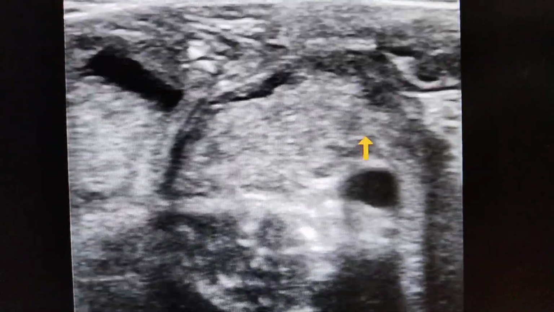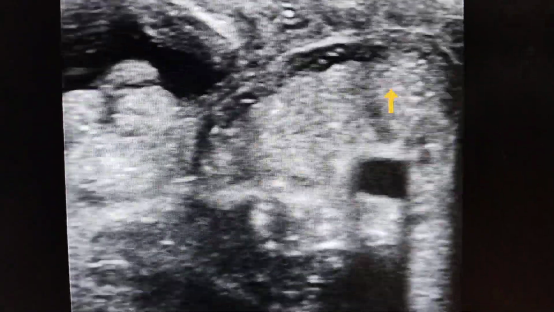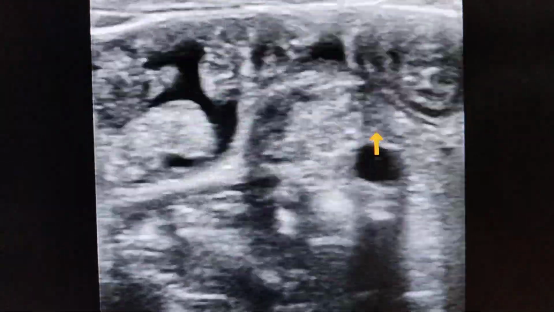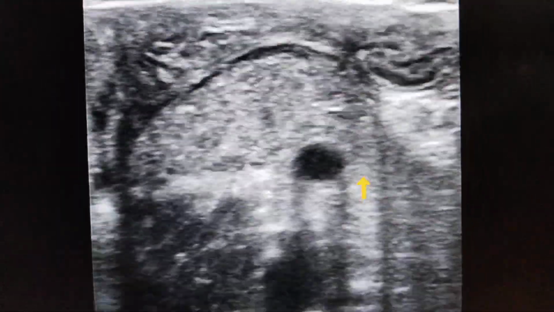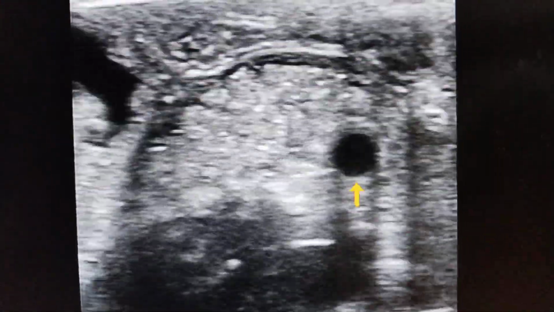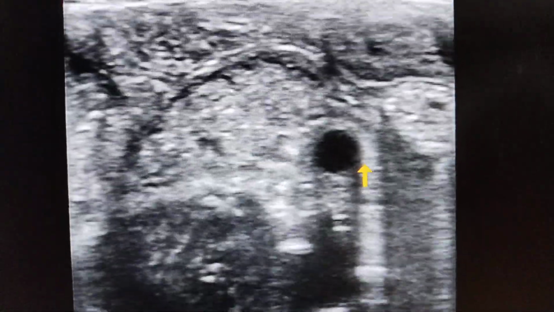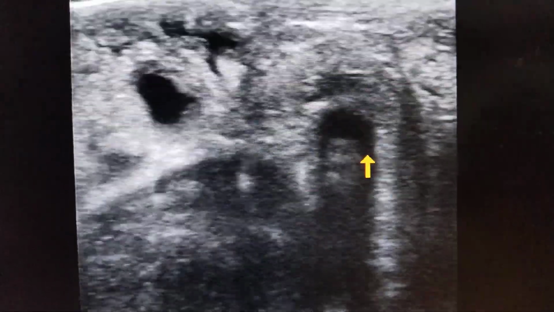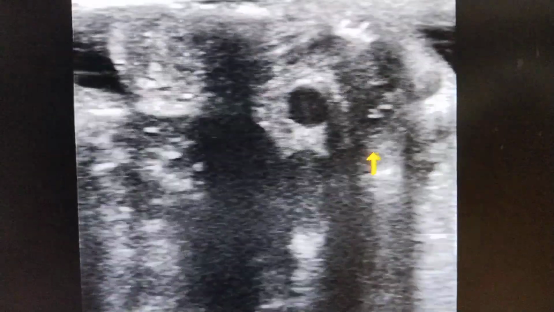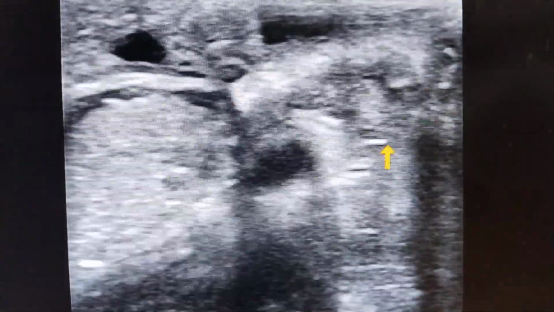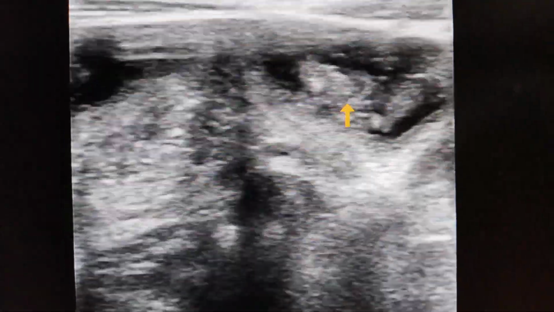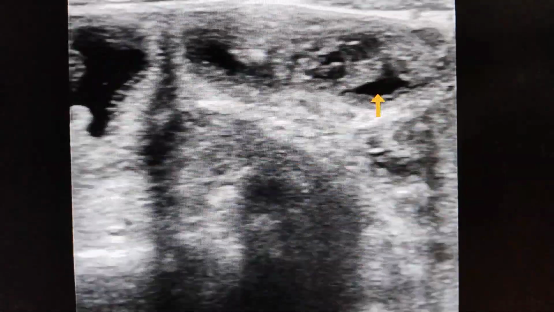Both jejunal and ileal loops are semi-dilated, showing significantly increased peristalsis and doing the same action as the washing machine does with the clothes during the washing procedure. So this is the putrefied.